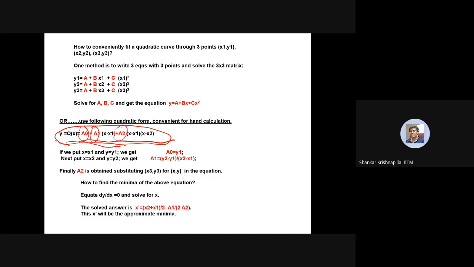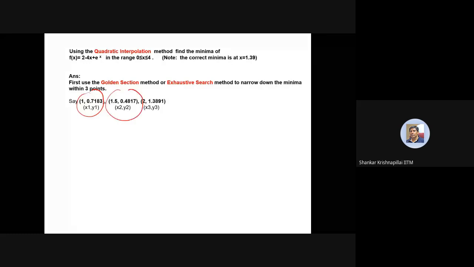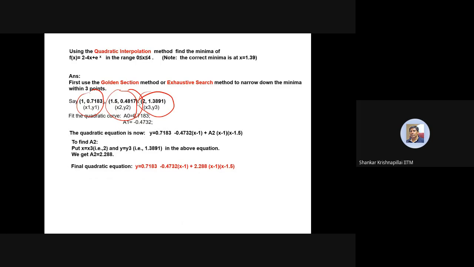We looked at an example where we start with these three points, x1, y1, x2, y2, x3, y3, and we finally get this curve.